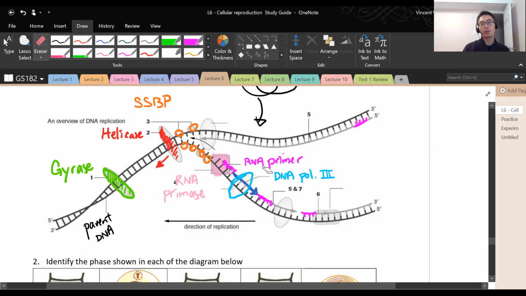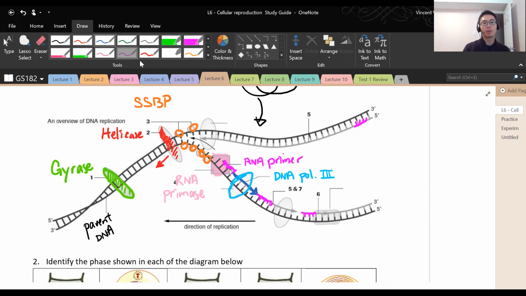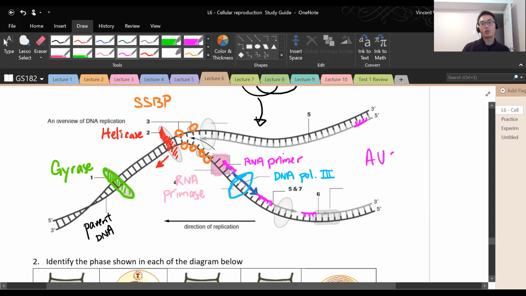Because the RNA primer is RNA, instead of having thymine, it's going to have uracil in it. So an RNA primer might look like AUCCG, something like this.